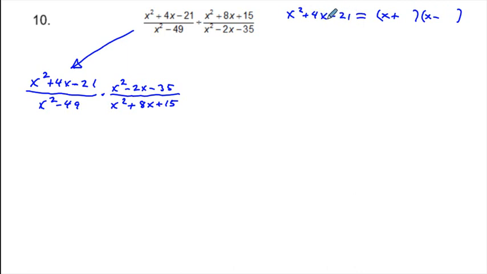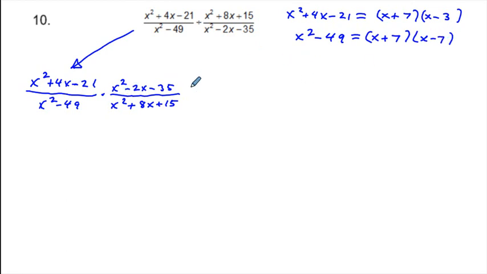That's going to be 7 and 3, so it's going to be (x plus 7)(x minus 3). Next, x squared minus 49 factors into, using difference of squares, (x plus 7)(x minus 7).